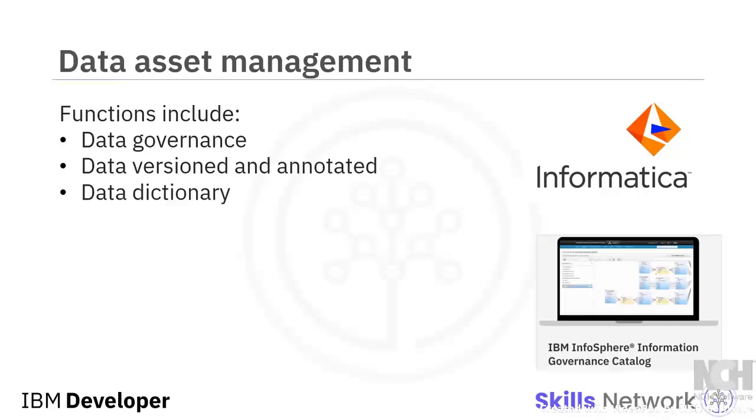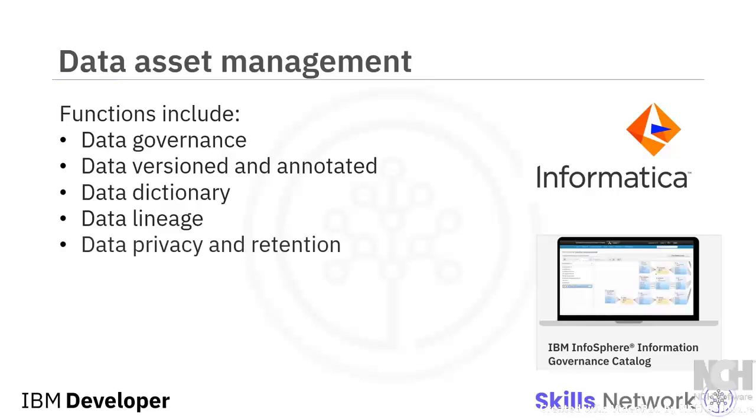Each data asset is assigned to a data steward or the data owner. The data owner is responsible for that data asset and can be contacted. Then, data lineage is covered, allowing tracking back the transformation steps in creating the data assets. The data lineage also includes a reference to the actual source data. And rules and policies can be added to reflect complex regulatory and business requirements for data privacy and retention.